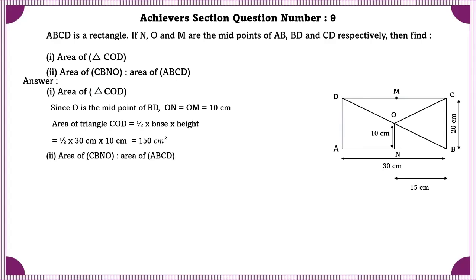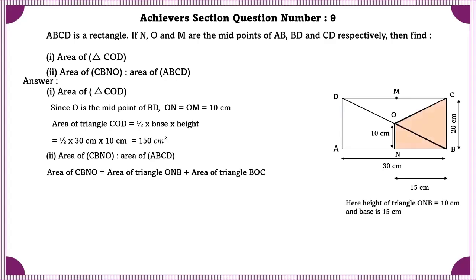Second one, area of CBNO is to area of ABCD. Area of CBNO is equal to area of triangle ONB plus area of triangle BOC. Here height of the triangle ONB is equal to 10 cm and base is 15 cm. And the height of the triangle BOC is equal to 15 cm and base is 20 cm.